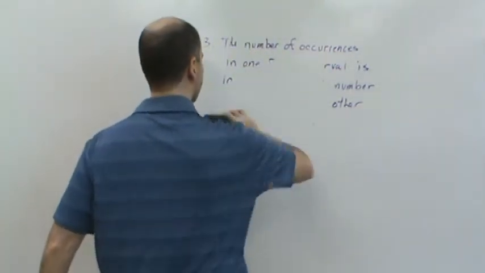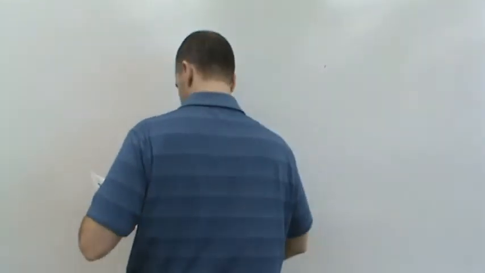Now, a book editor might be interested in the number of words spelled incorrectly in a particular book. Okay? It might be that on average there are 5 words spelled incorrectly in 100 pages.